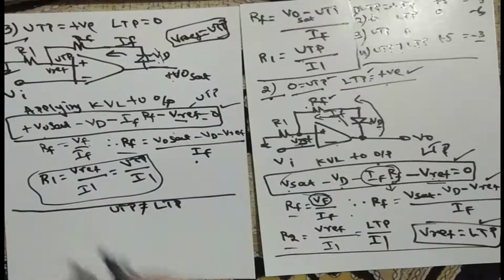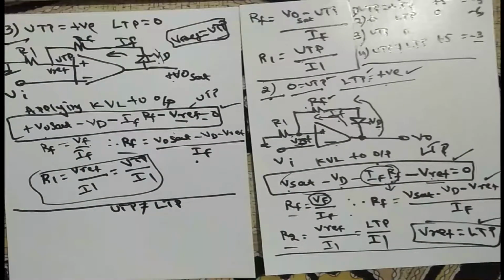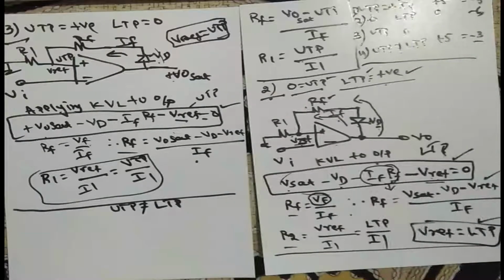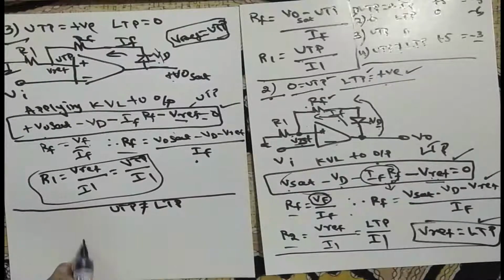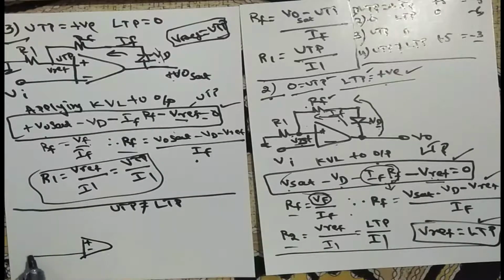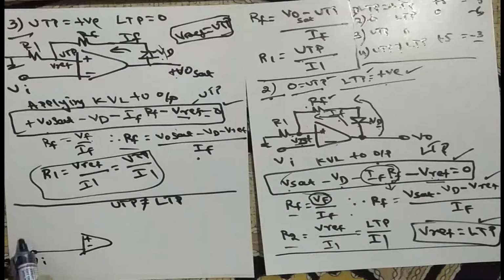If you combine this one, you usually get... How to combine that? On one side we have D1, on the other side we have D2, so we are taking both things together. Check out this circuit. As usual we take positive and negative. Negative is connected to Vi, and positive is connected to R1 and grounded.